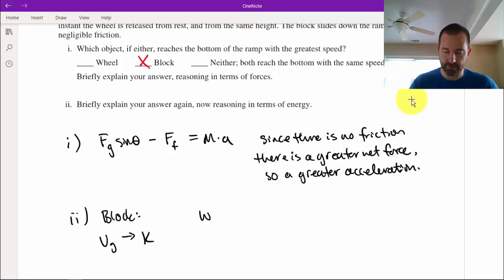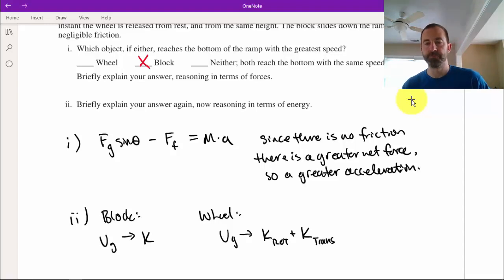But for the wheel, sorry, my E's are looking a little funky there, we're going to have potential energy turns into rotational kinetic energy and translational kinetic energy. So because some of the potential energy is going into rotational kinetic energy, instead of all going to translation, the wheel is going to end up going slower. It's going to have a slower center of mass velocity.